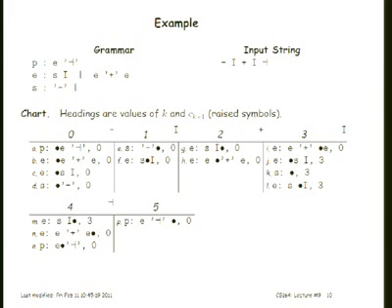So anyway, here's what it looks like when you actually run this routine. Now the way that you run it is that you start with what you're trying to do, which is to parse the entire string.